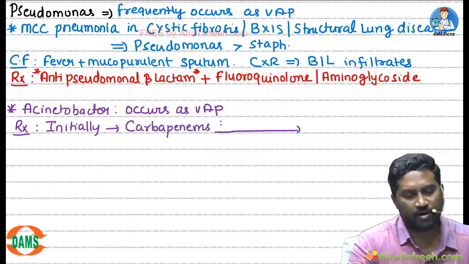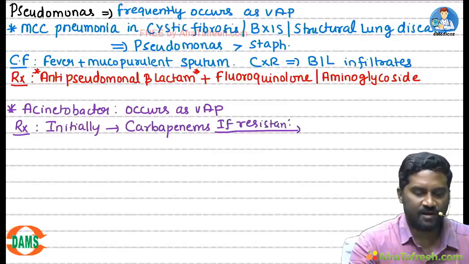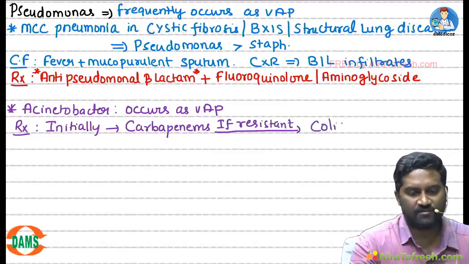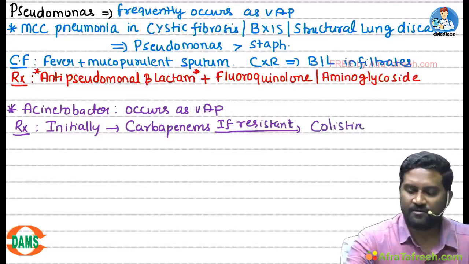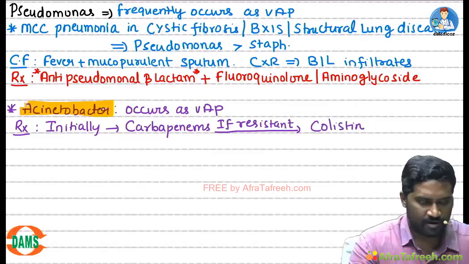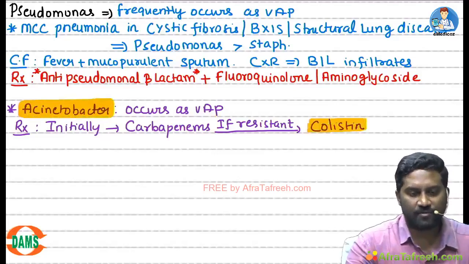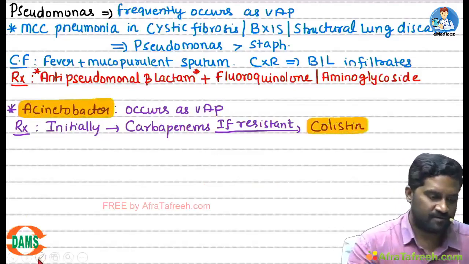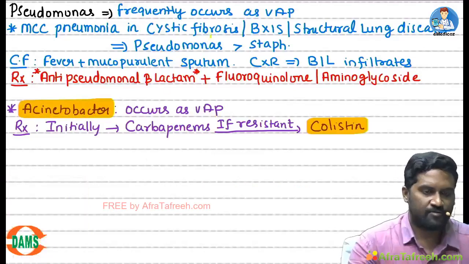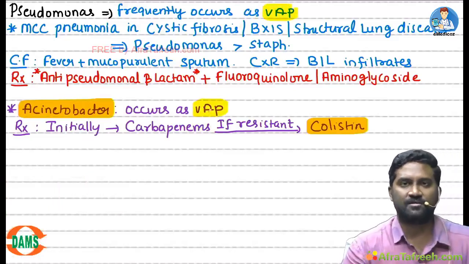If the organism becomes resistant, the next option is colistin. Recently asked question: which of the following drugs is helpful in management of Acinetobacter pneumonia? The option was colistin. Now if you notice here, both Pseudomonas and Acinetobacter frequently occur as ventilator associated pneumonia.